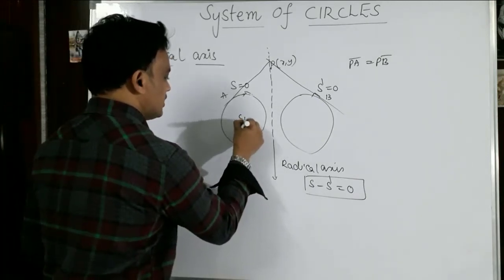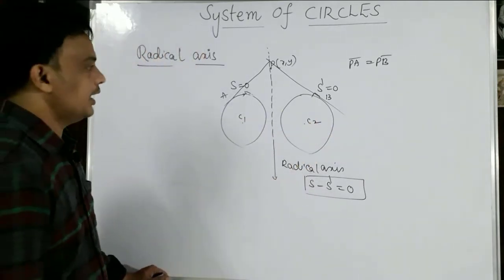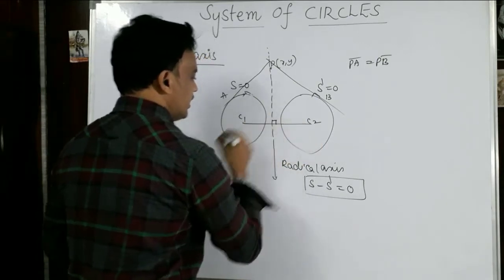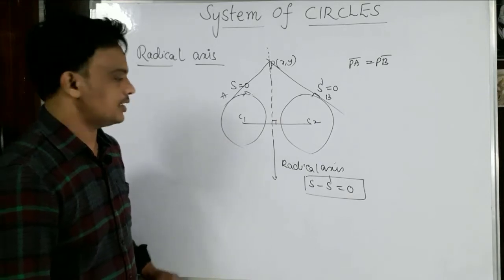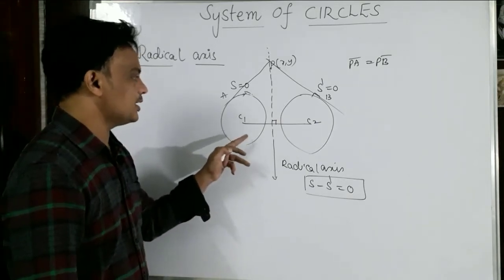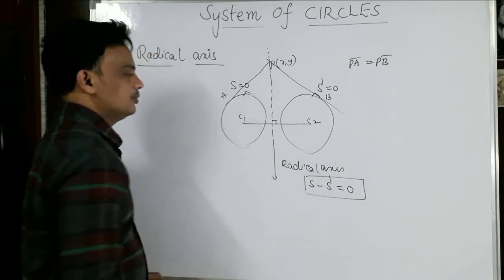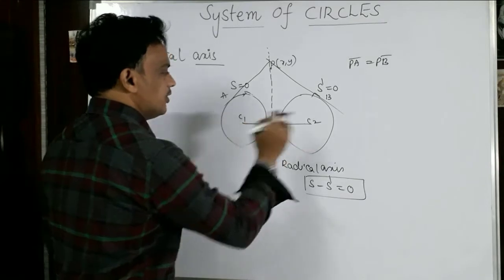C1 is the center of the first circle, C2 is the center of the second circle. The radical axis is always perpendicular to the line joining the centers of the two circles. So the first property is that the radical axis is always perpendicular to the line joining the centers C1 and C2.